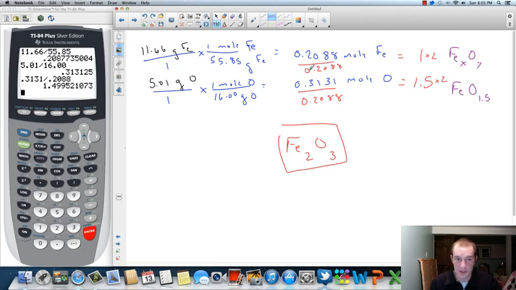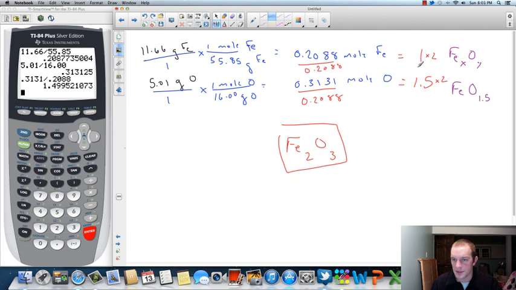Okay, so let's go through the steps again. We had masses that we started with, we converted them to moles because we wanted to find the mole ratio, the x to y ratio that was going on in this situation here. The problem was that we didn't have whole numbers. By dividing by the smallest number of moles, 0.2088 in both cases, that would tell us the smallest ratio. That converts your iron number of moles into 1 mole of iron.